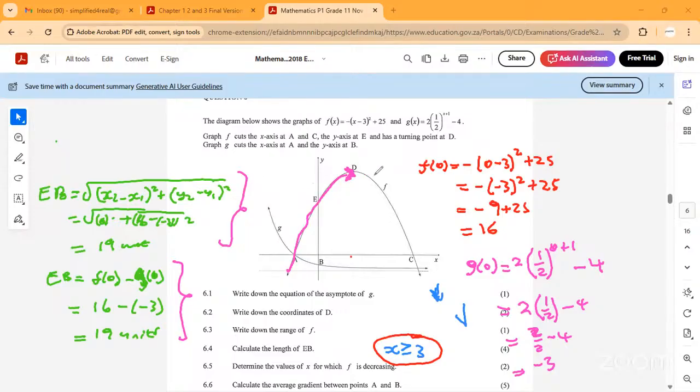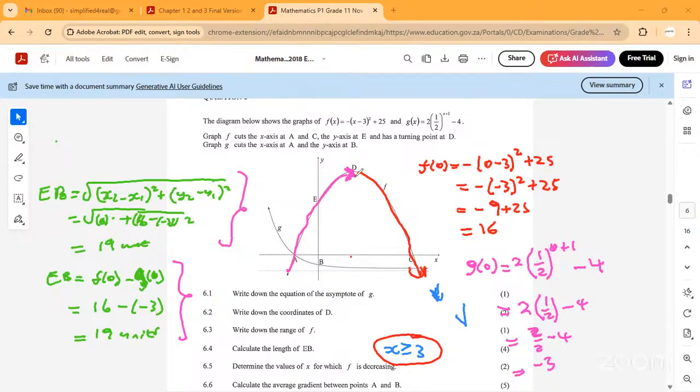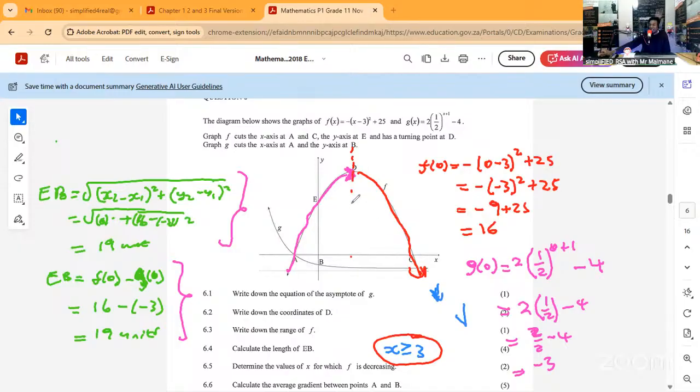But when we look at f, we measure f in terms of the y values, because it is the actual function. So it starts to decrease here, it decreases here, it becomes 0, then it goes to negative values like that. But it decreases at the point where the value of x is equal to 3.